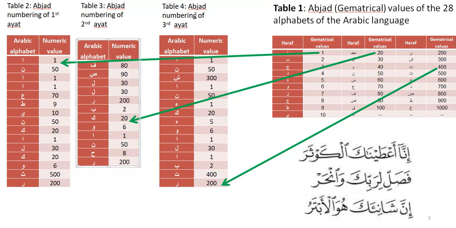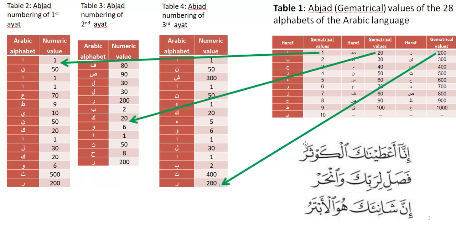For the third ayat, inna shani'aka huwal abtar, for example for ra, the abjad value is 200, so 200 is put here. Likewise, all the alphabets are shown here.